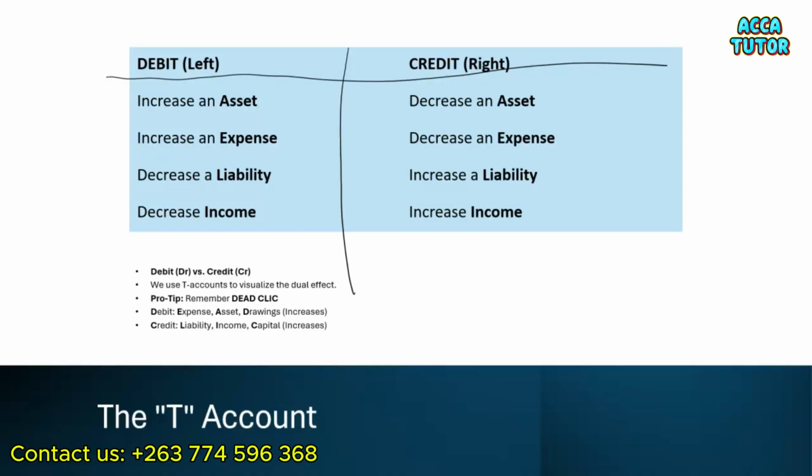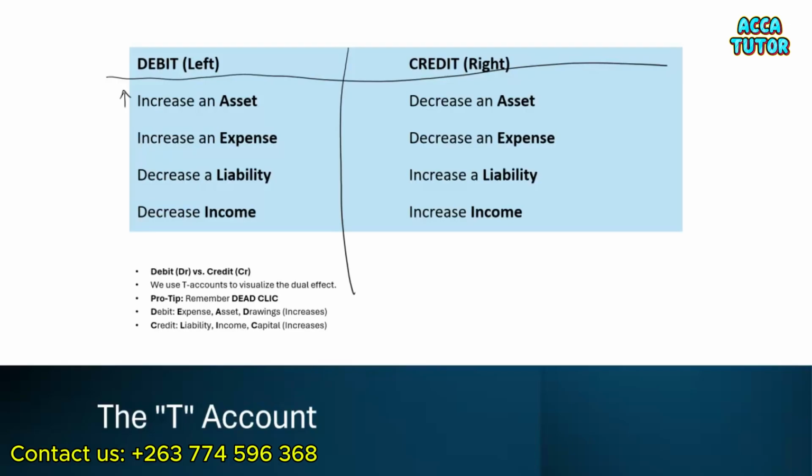Now, when assets are going up, we debit the asset. For example, in the case of the car which we bought for 250, we said we debit car. We are increasing the cars, so we are debiting the asset.